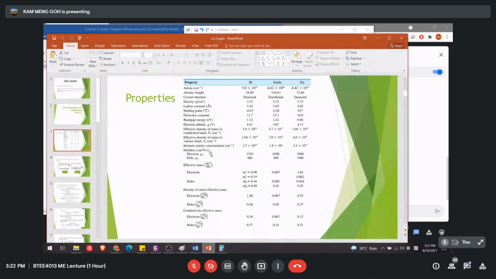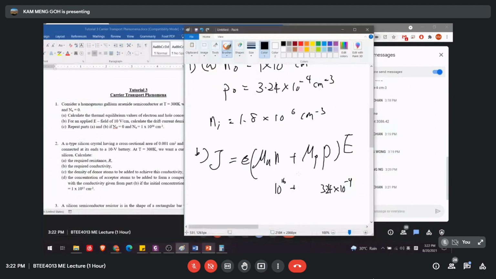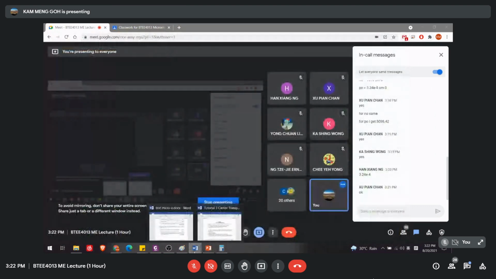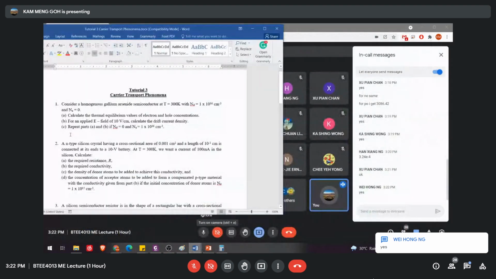Mu N and mu P are 8500 and 400. So this is 8500, and this one is 400. Then multiply by 1.6 times 10 to the power -19, then multiply with the E, which is 10. Ng Wei Hong, are you here? What's the answer for question B?